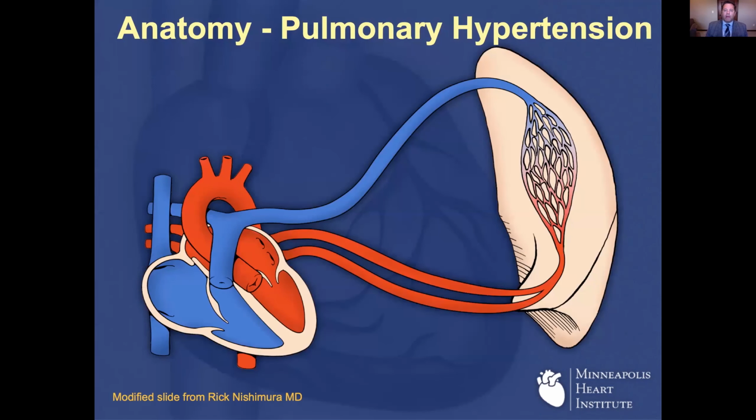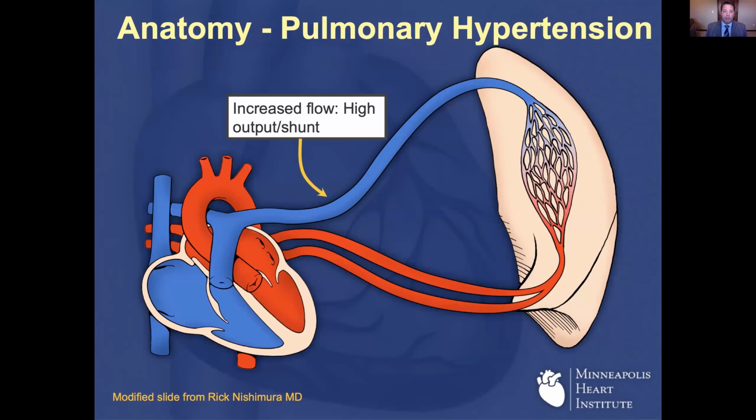When we look at the anatomy of pulmonary hypertension, recall from anatomy, we all know the right-sided circuit where the right ventricle is connected to the pulmonary artery. And there can be pathology all along this path from the right ventricle all the way back to the left atrium. And so we can see pulmonary hypertension develop in high output states, such as with anemia or nutritional deficiencies.